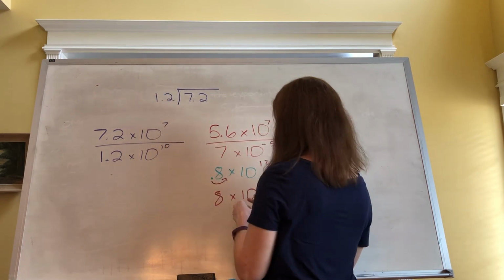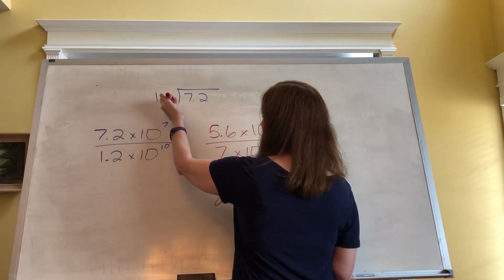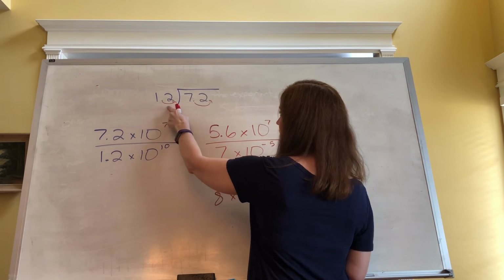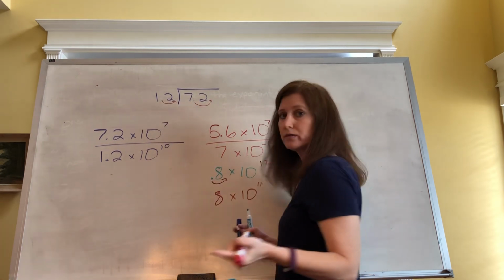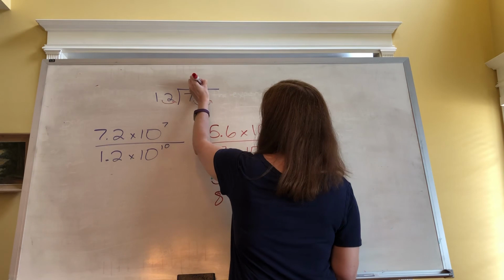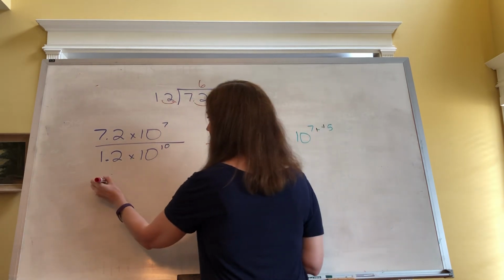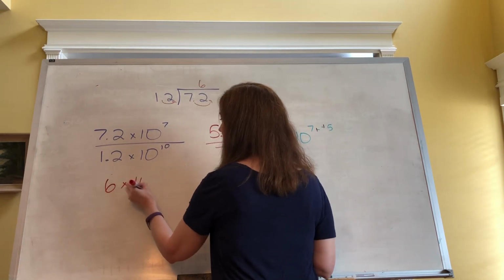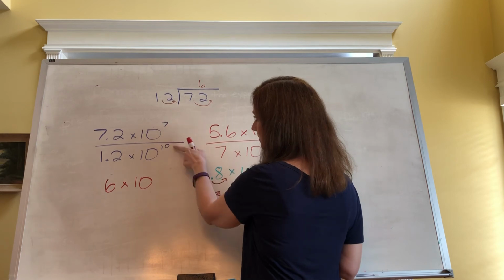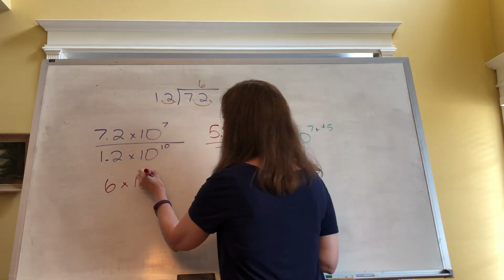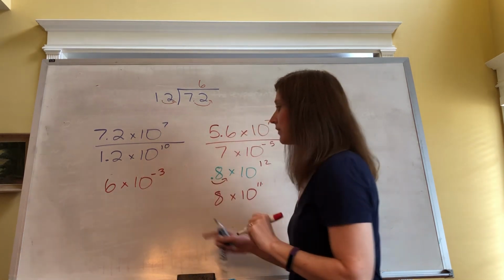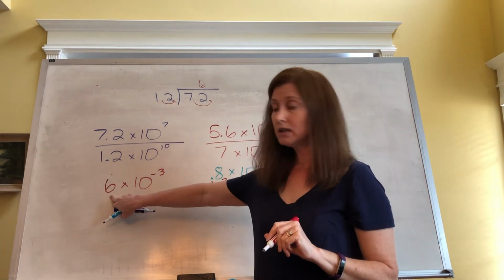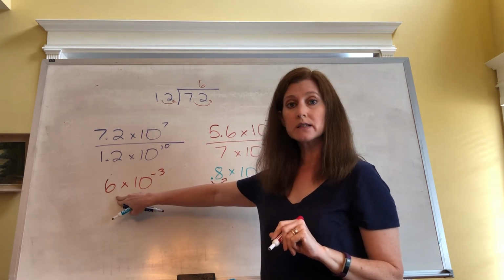We need to move that decimal, right, which moves this decimal. So I have 72 divided by 12, and we know that that is 6. Okay. So I have 6 times 10, and I've got 7 minus 10, which is negative 3. This one worked out nicely. We don't have to move anything, so this is our final answer.